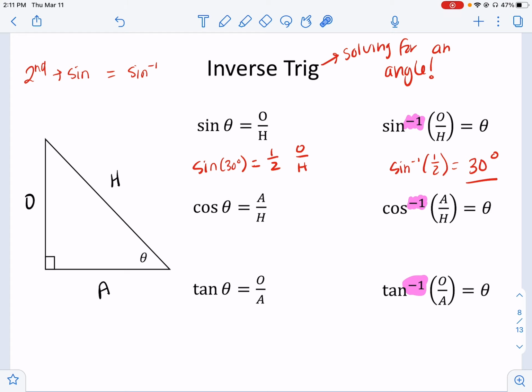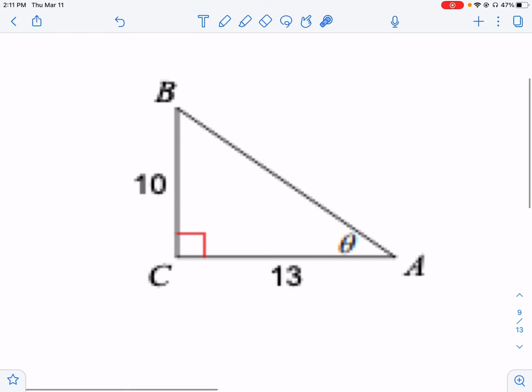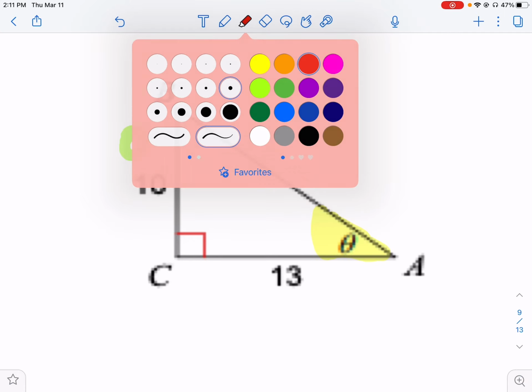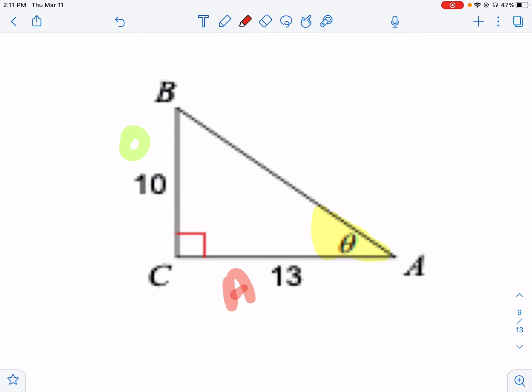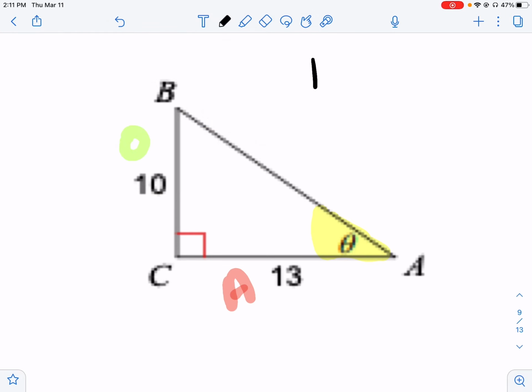So let's go ahead and look at an example of this. Here, it wants us to solve for our missing angle. I'm going to do the same thing of labeling my sides. That means I have my opposite and I have my adjacent. I know that still means tangent. So I would say that the tangent of my angle is equal to 10 over 13.